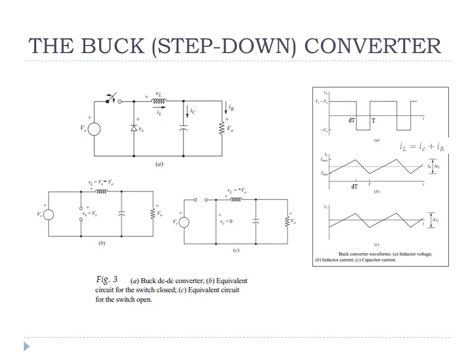The average value of capacitor current is 0 because IC equals IL minus IR. So if we subtract IR from the inductor current, the capacitor current average value becomes 0. Also, we know that T on upon T is the duty cycle represented as small d. So we can use T on equal to D into T, where T is the switching time of the chopper, and T off equals 1 minus D into T.